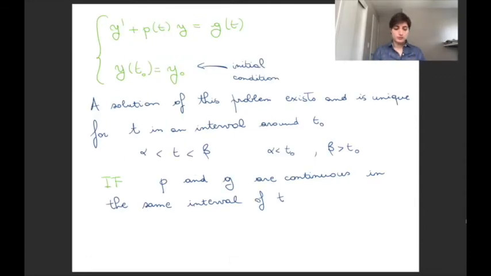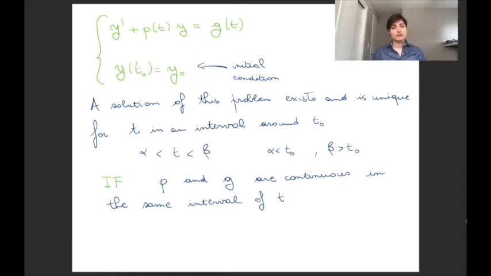So let's first focus on the more restricted case, that is the first order linear ODEs. We couple it with the initial conditions, so we have y prime plus p of t y equals g of t. And we fix one point that we call the initial condition. We know that y calculated at some time t0 has a specific value y0.